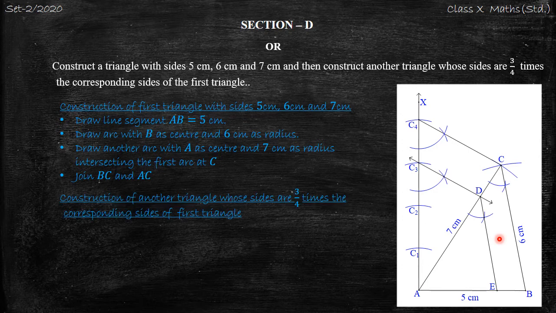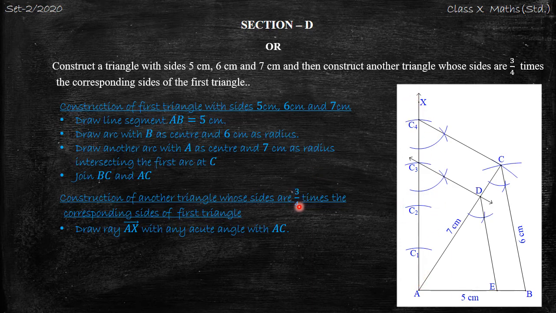Now we need to construct the similar triangle whose sides are proportional to the first triangle. For that, you need to draw a ray AX making an acute angle with AC. Mark 4 equidistant points on AX. Why 4?